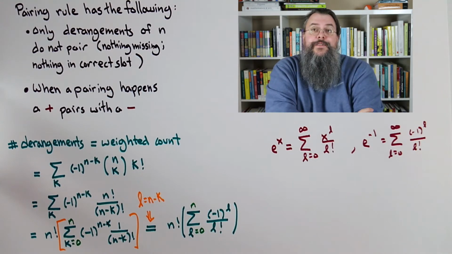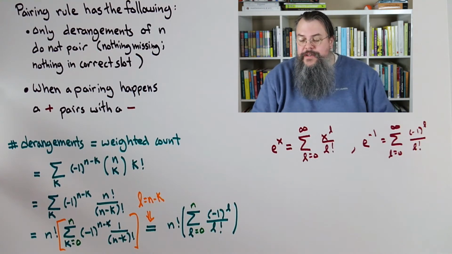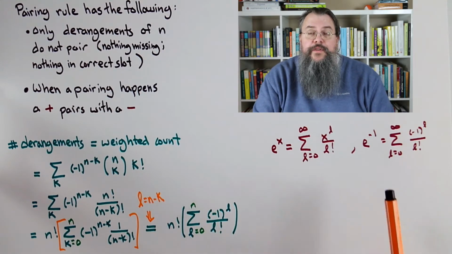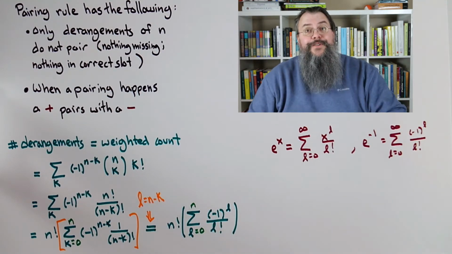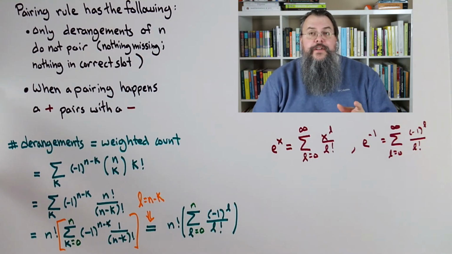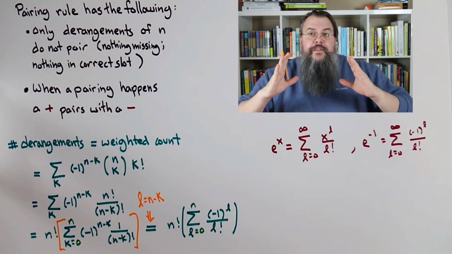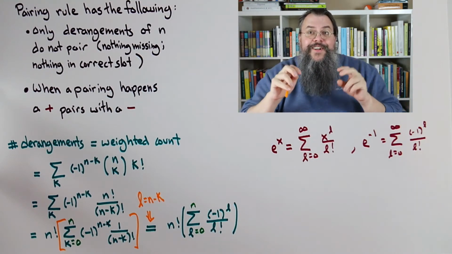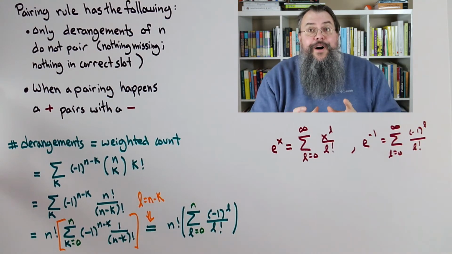Well, what's the result? The result is, of course, this is not the same thing as e to the minus 1, but it's close. And it turns out, for large n, it's very close. Now, the reason it's close is that the piece after n, what I would call the tail of the sum, is very small.